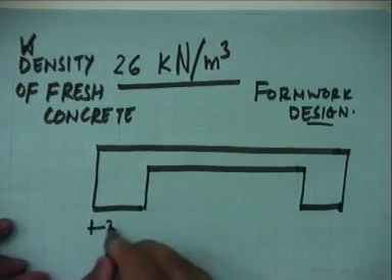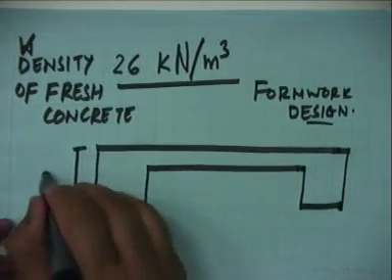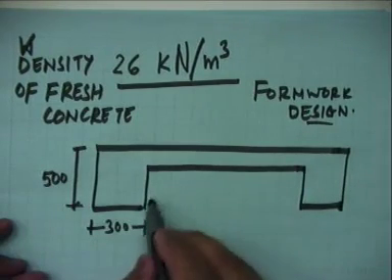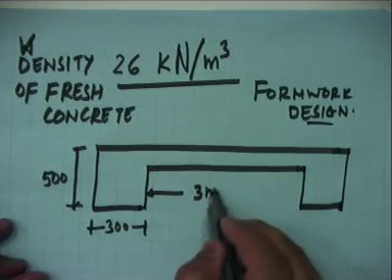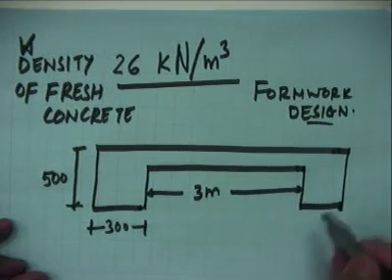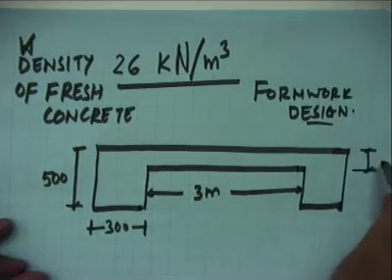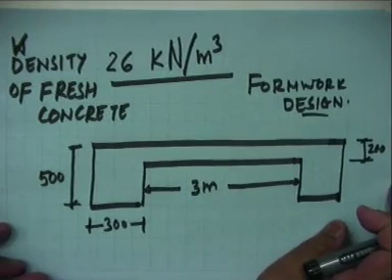This is 300, this is 500, this is also similar, and let us say you have this as 3 meter, and slab thickness is, let us say 200.